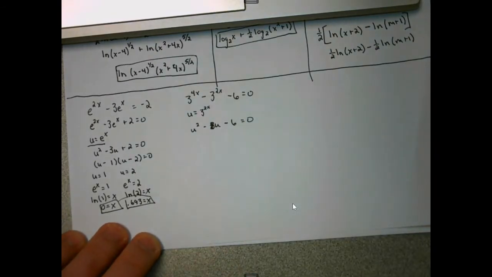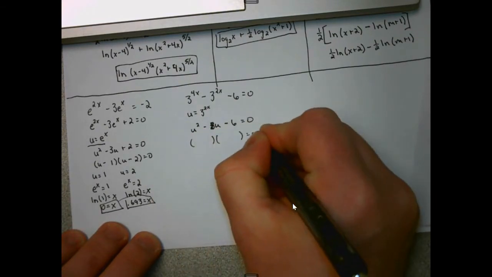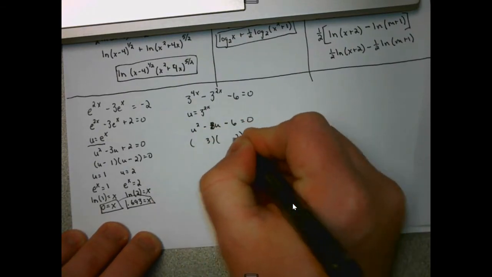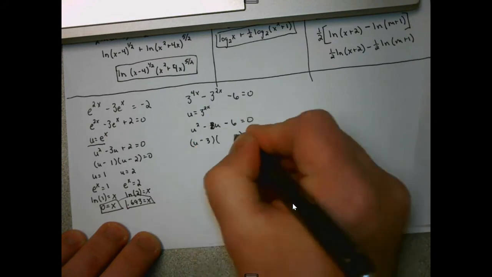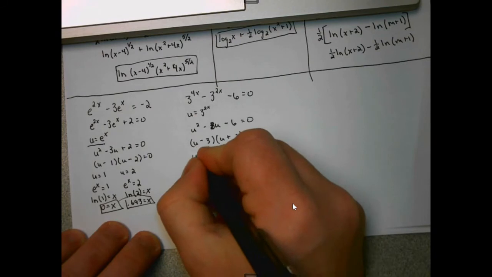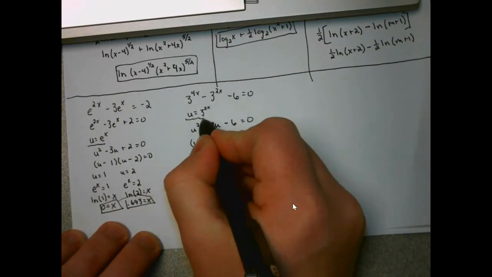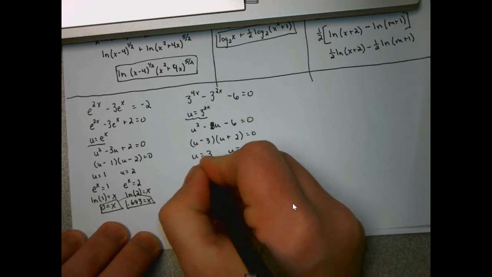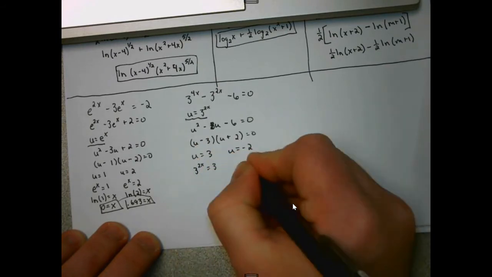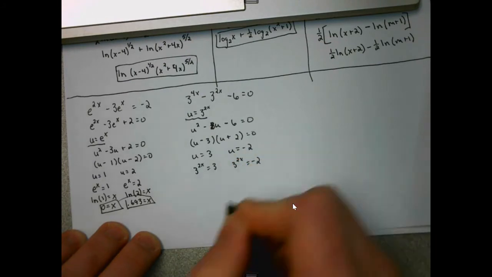So factors of 6 that subtract to 1, that would be 3 and 2. Signs are different. The big one's negative, so minus 3 plus 2. So u equals 3, u equals -2. Plug this back in. So you have 3 to the 2x equals 3, and 3 to the 2x equals -2.